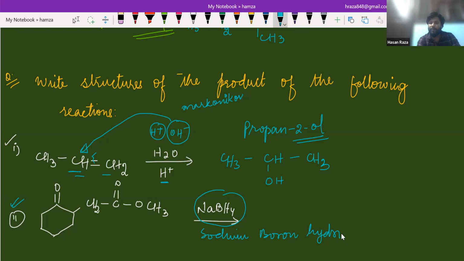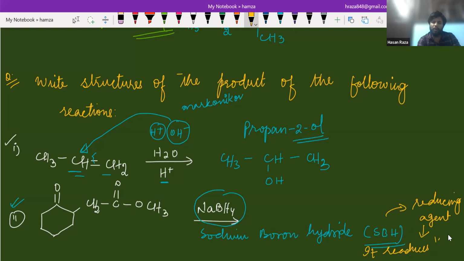Also, it will be represented by SBH in exams or in some books. Sodium borohydride is a reducing agent, and it reduces ketone to alcohol.